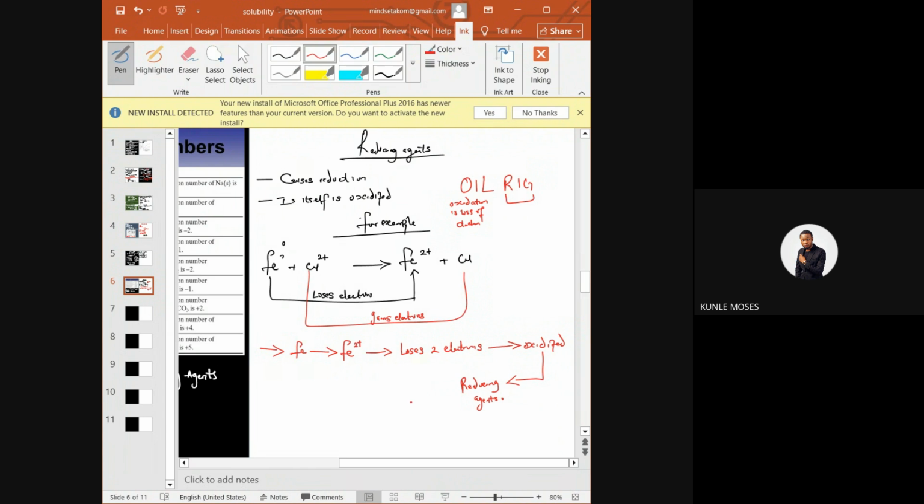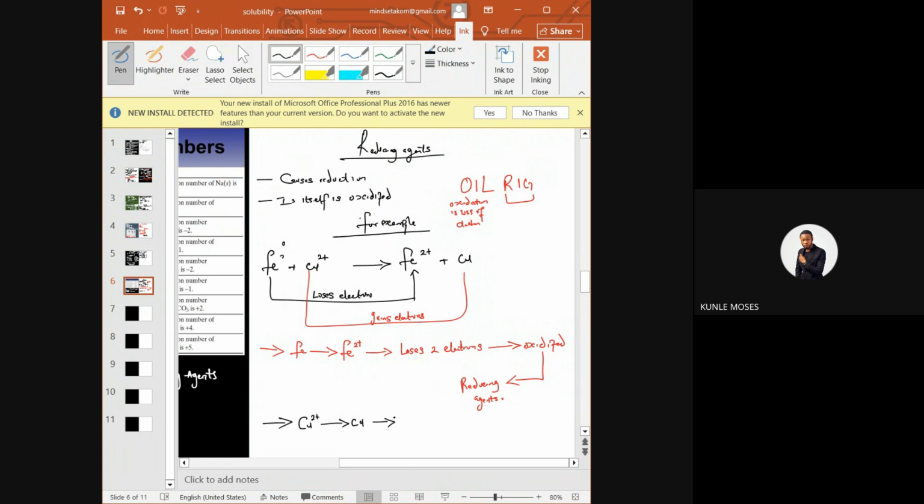Please, do we get that? Now, if you look at the second one here, which is our copper. So Cu2+ changes to solid copper. So it simply means it has gained how many electrons?